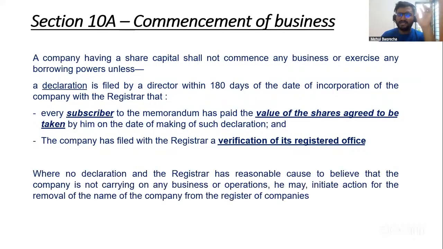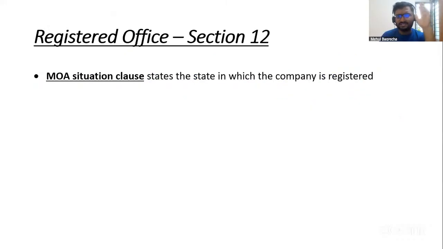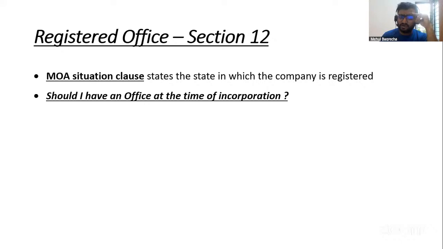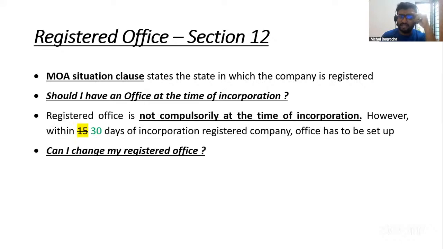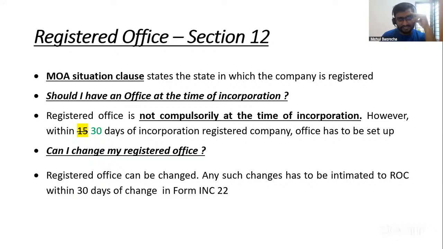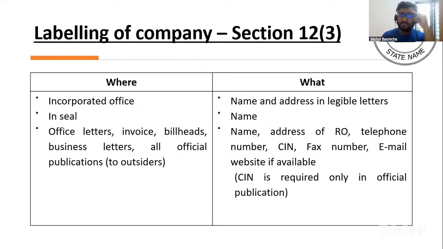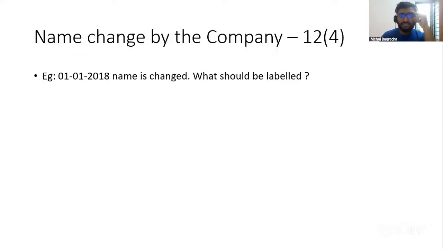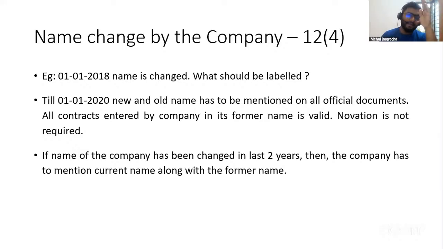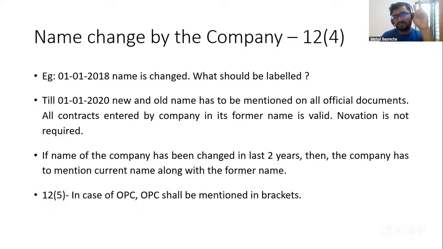We went on to understand what is the registered office, whether it is mandatory or not, and when should I have the registered office. Can I change my registered office? Answer is yes. We saw the concept of labeling of companies. How does the labeling of a company work? If my name has changed compared to the previous years, then I will have to go ahead and disclose the previous name or formerly known name for 2 years.